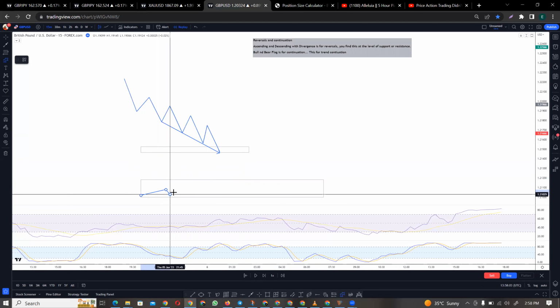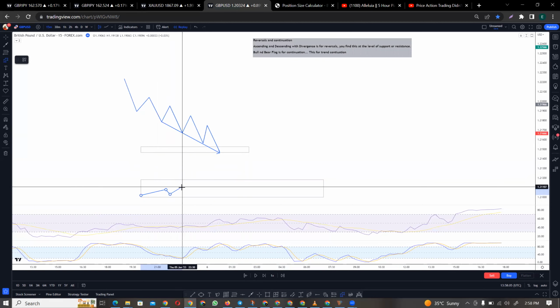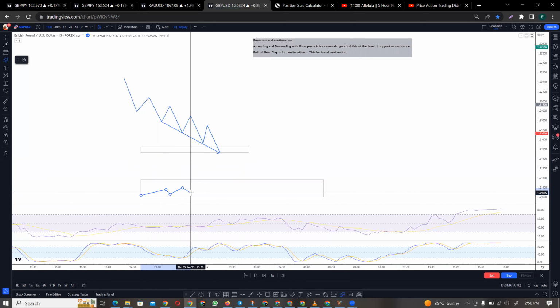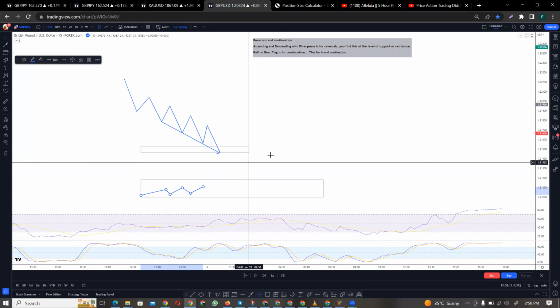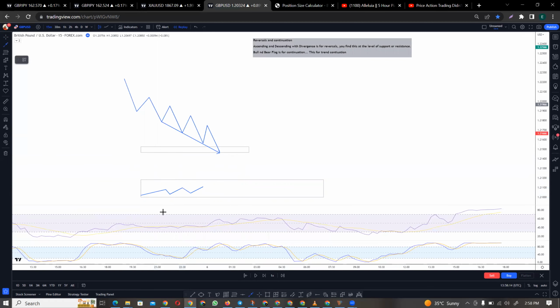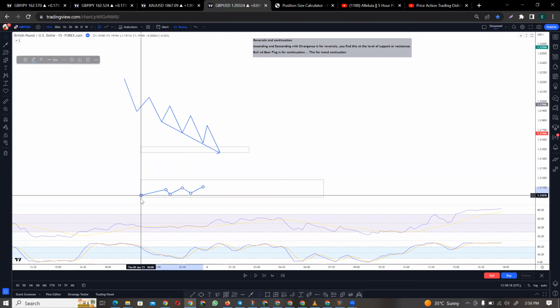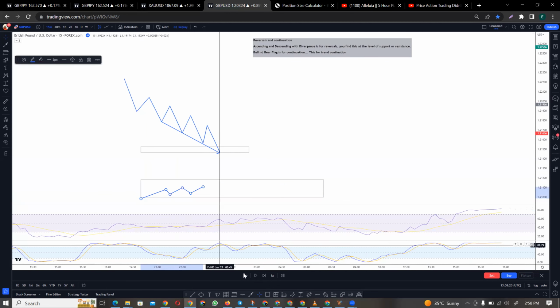No matter how you see it, the most important thing is that RSI is going up. It's making higher highs, not just higher, but you see that it's just going up.